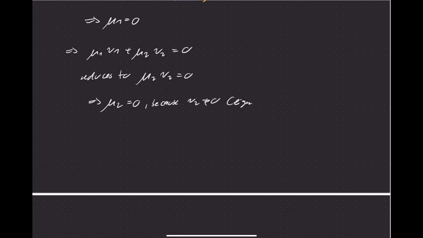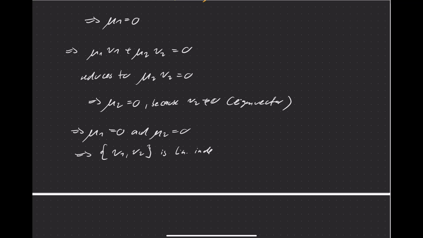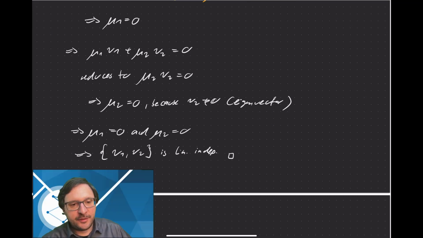And again, that's because we have an eigenvector. So finally what we have is mu1 is 0 and mu2 is 0. So we've shown that the set v1, v2 is actually linearly independent. Okay, that concludes the proof.